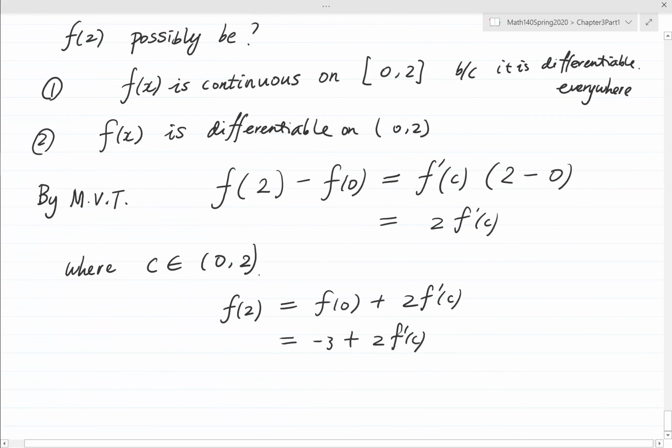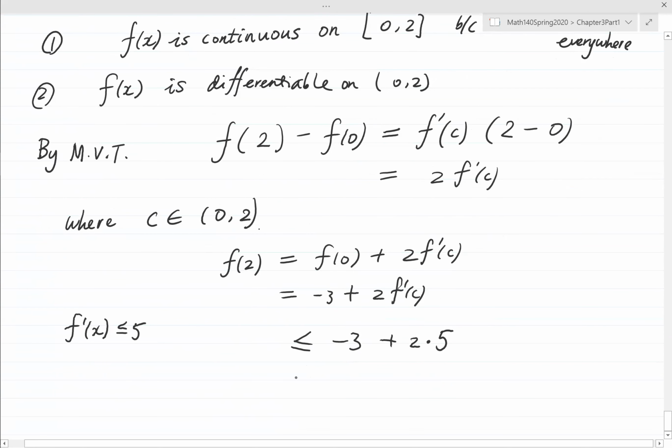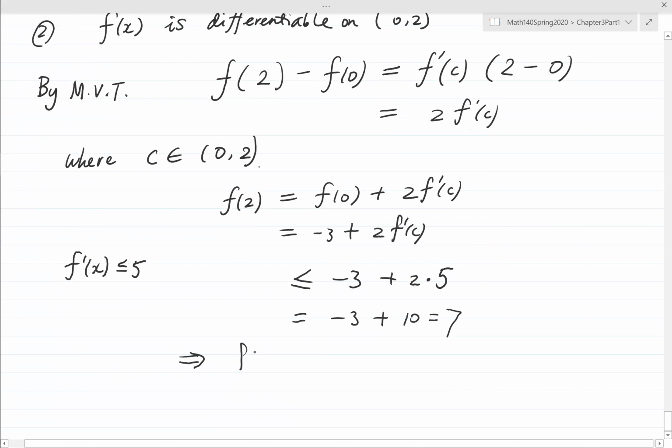Remember, f derivative is less than 5. So this is bounded from above by -3 plus 2 times 5, which is -3 plus 10, which is 7. i.e. f(2) is bounded from above by 7.